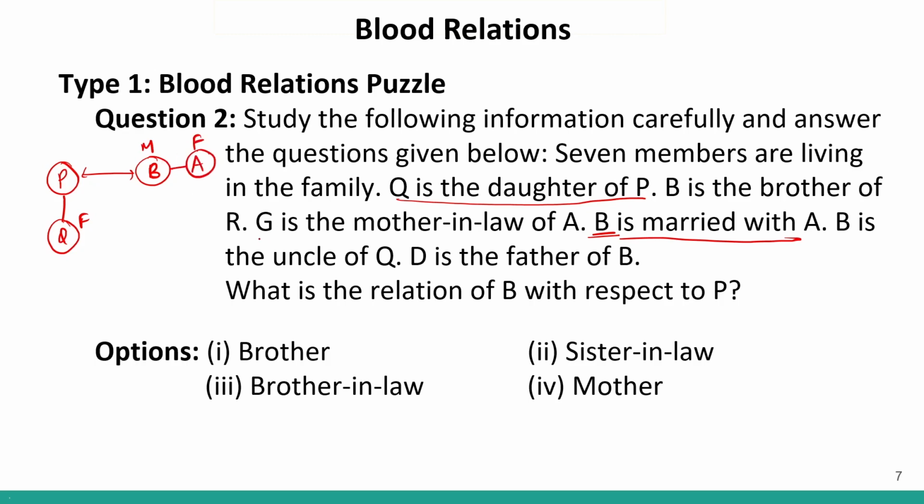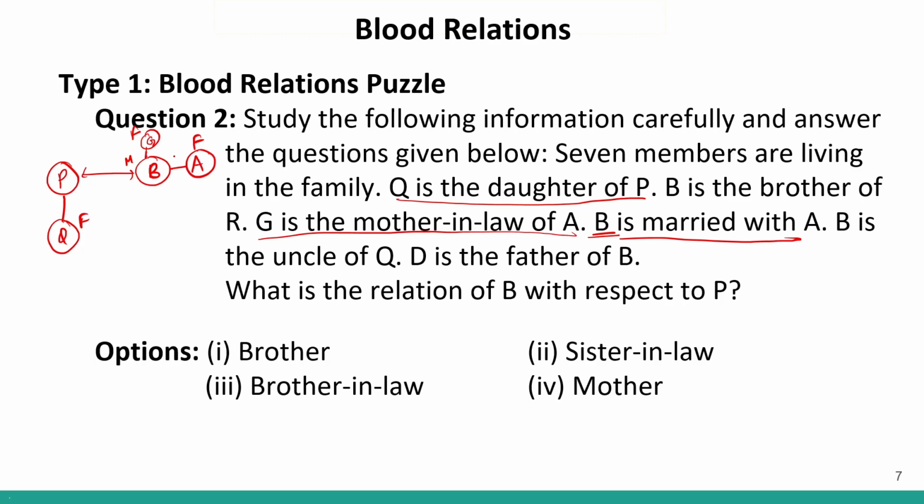Okay? G is the mother-in-law of A. So G is the mother-in-law, that means B's parent. B's mother will be G. Let me draw it over here. B is male. B's mother will be G, female.